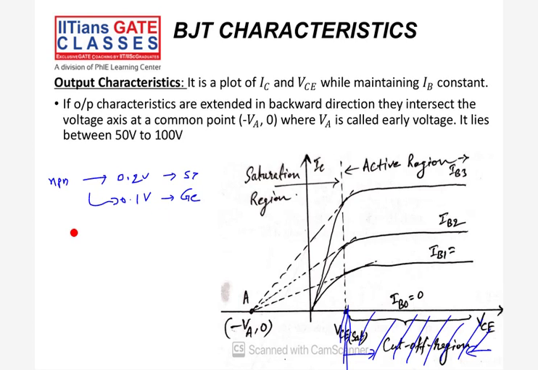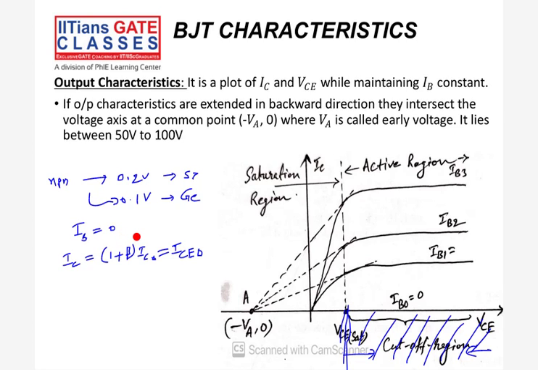So in cutoff, IB is equal to 0. If IB is equal to 0, IC we can directly write as (1 plus beta) ICO, and that is also called ICEO because IB is 0.